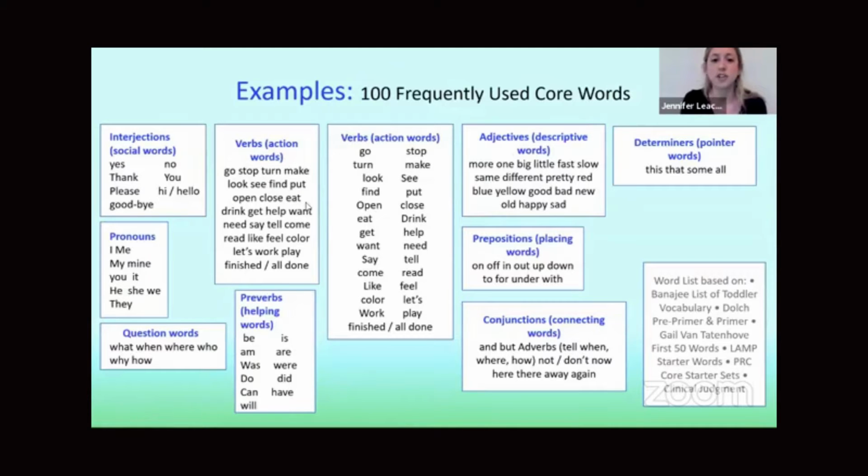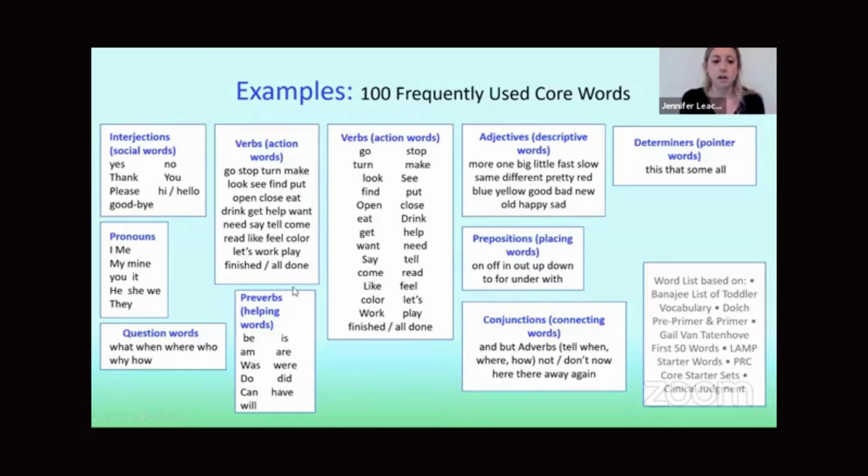So you could see here that just from these core words, there's many phrases that you could say. You can request, you could say I want, you could answer yes, no questions. You could thank your teacher. You could ask please, you could say hello and goodbye. You can ask questions to your friends, your teachers, your parents. You could talk about, on the playground, stop and go, turn taking, even when you're eating or drinking.